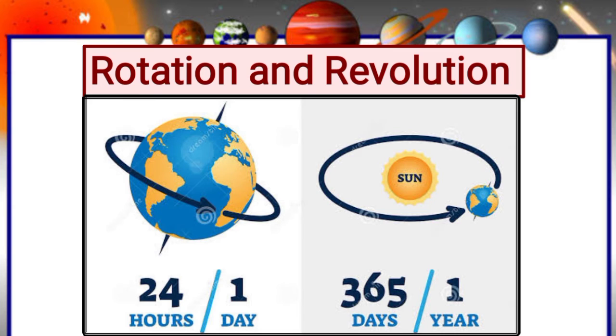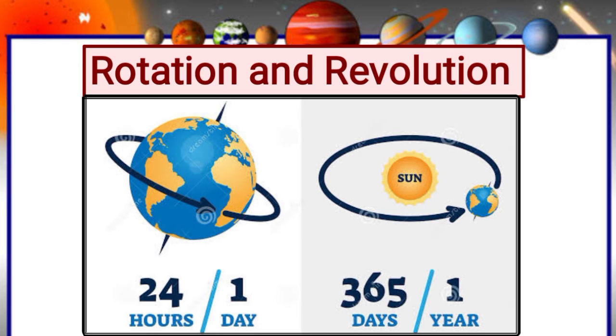And since the earth revolves around the sun and rotates on its axis at the same time, we experience seasons, day and night, and changing shadows throughout the day.